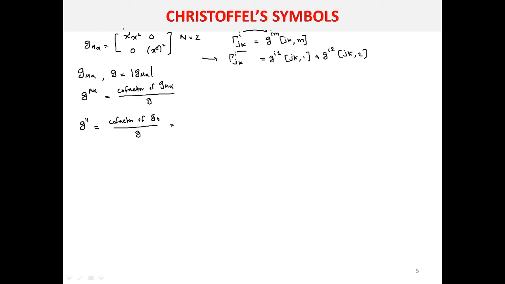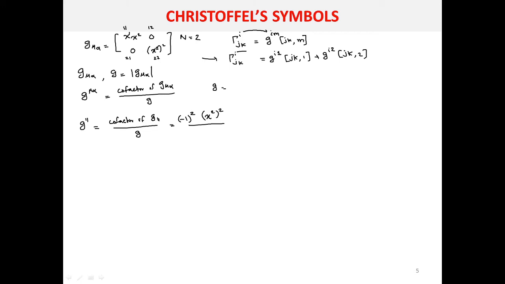Actually, in the first row, this is g11, g12, and this is g21, and this is g22. To find the value of the cofactor of g11, it can be written as (-1) raised to 1 plus 1, that is 2. Now we have to remove this particular row and this particular column. Then what you are getting is x2 the whole square divided by, what is the value of g?